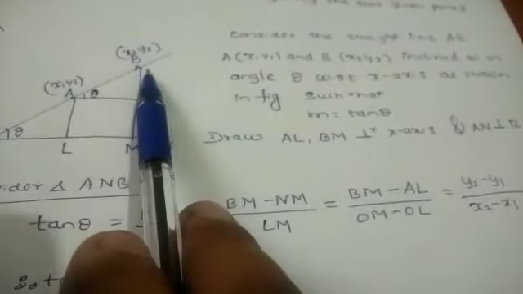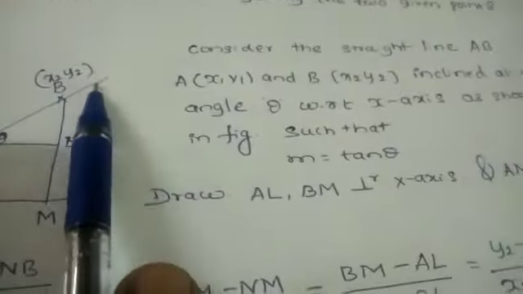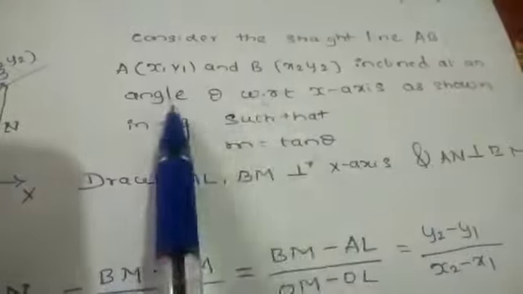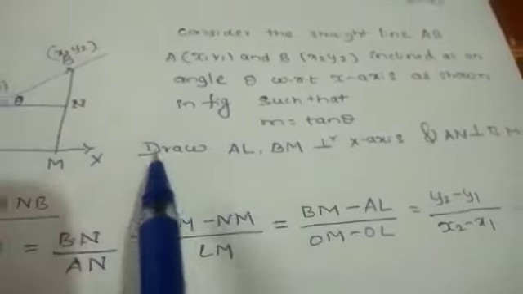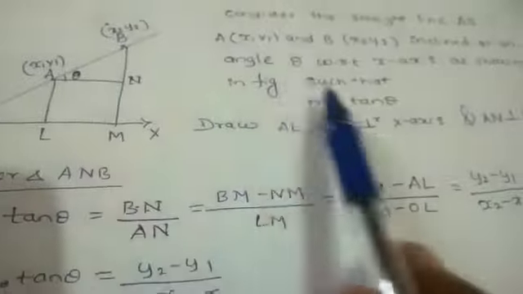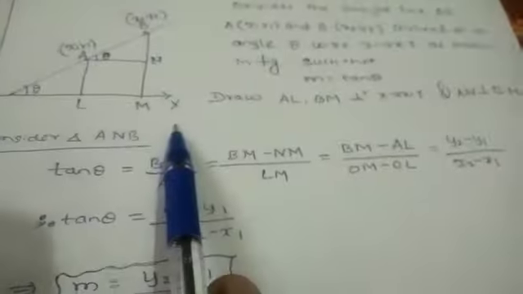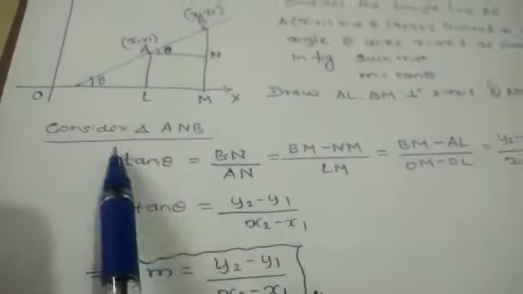A has the coordinates x1 y1 and B has the coordinates x2 y2, inclined at an angle theta with respect to the x-axis as shown in the figure, such that m, that is the slope, is tan theta. These are the perpendicular lines drawn with respect to the x-axis.